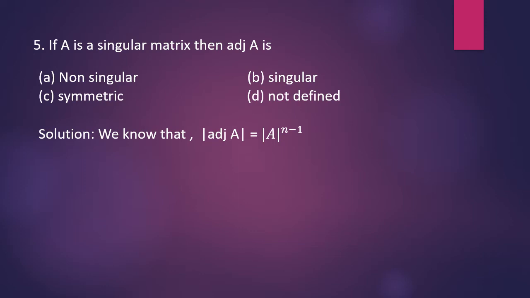If determinant A is equal to 0, and the formula is determinant of adjoint A is equal to determinant A to the power n minus 1, so anyway this is 0, that means determinant of adjoint A is also 0. Determinant of any matrix equal to 0 implies that matrix is a singular matrix. Hence, adjoint A is a singular matrix here.